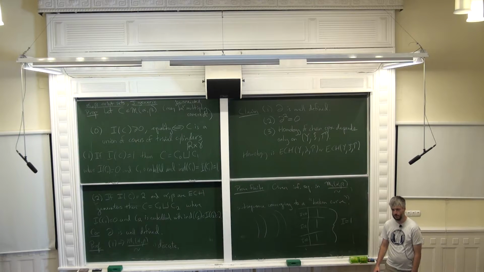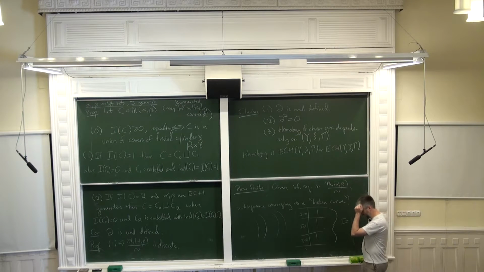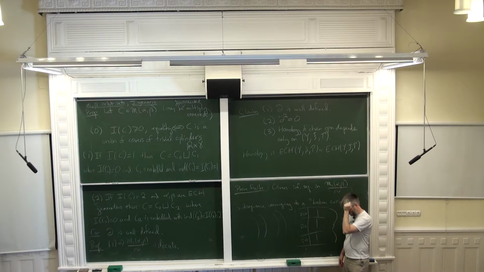Can you give one sentence on how you rule out the I equals 0? Yeah, long sentence. So how do I rule out the I equals 0 things? In the definition of this moduli space, I did not explicitly specify what are the multiplicities of the ends of the holomorphic curves at the orbits.